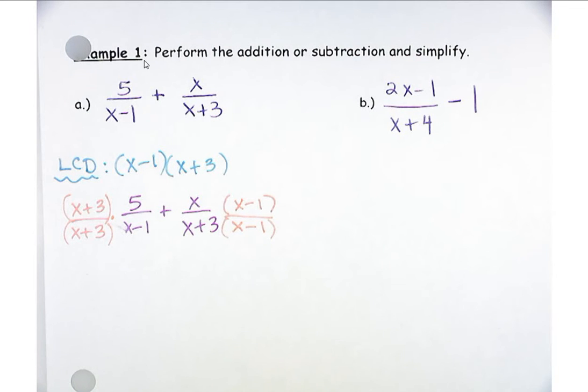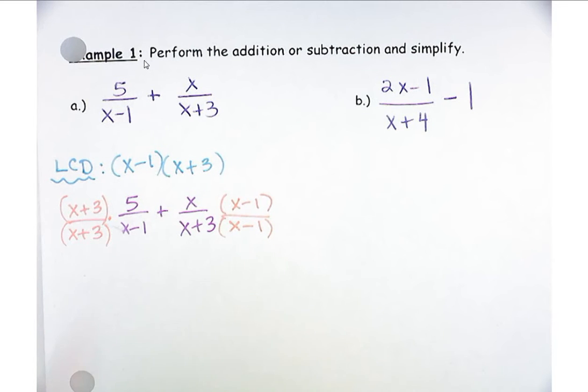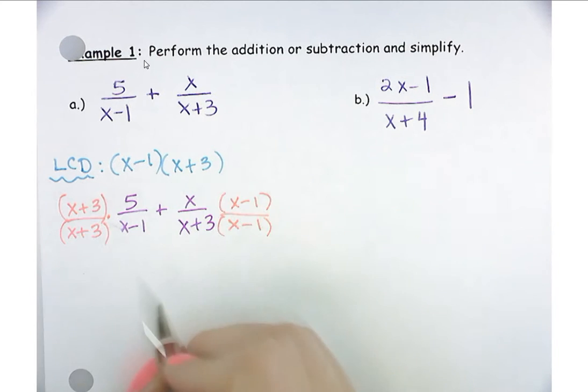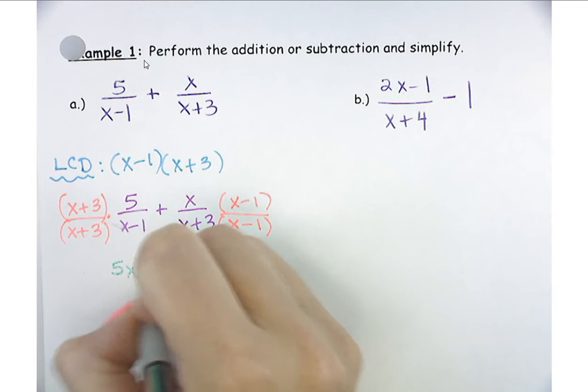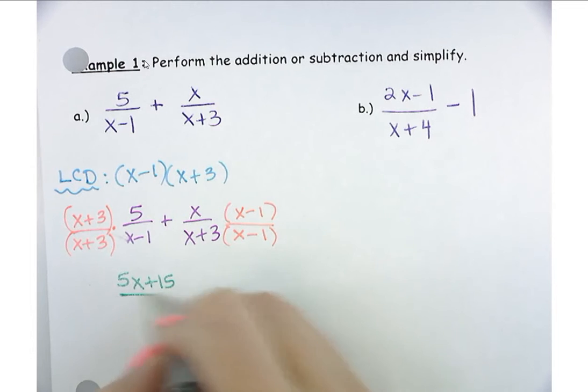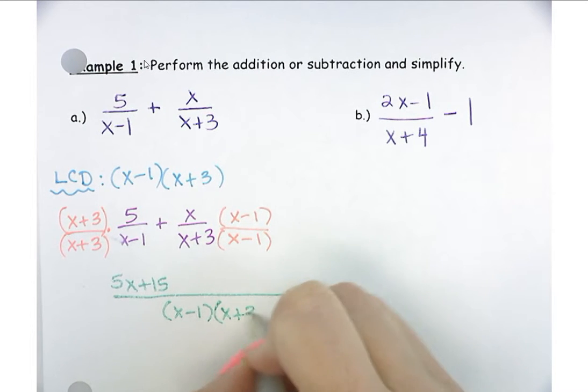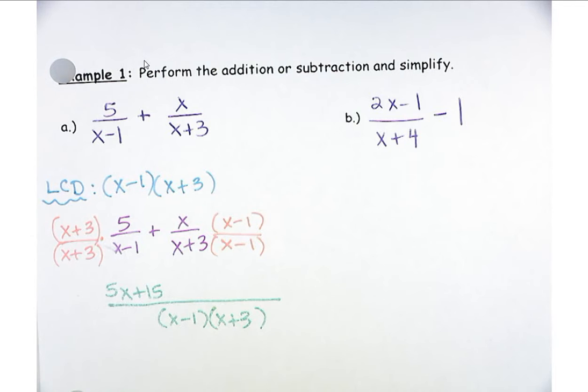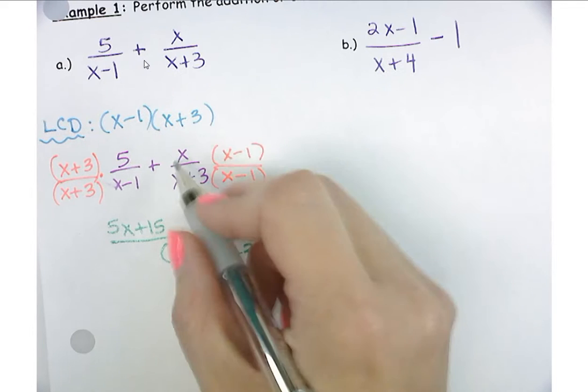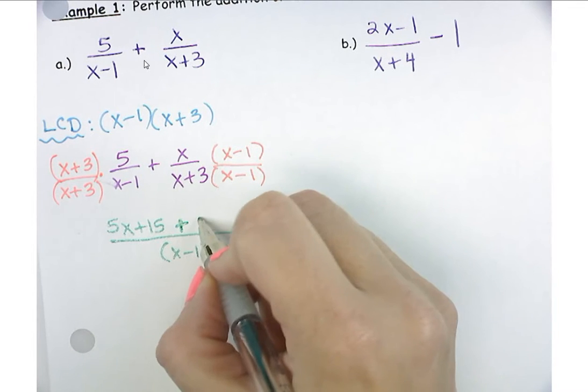Okay? Now, for some of these, you will distribute. Others, you're going to have to FOIL. I only have one term here, so I am going to distribute. So 5 times x plus 3 is going to be 5x plus 15. What I usually do is I just make the big denominator and put my LCD in there first. And then we have addition, so that's nice. You do have to be careful when there's subtraction. But with addition, I can just add x squared.